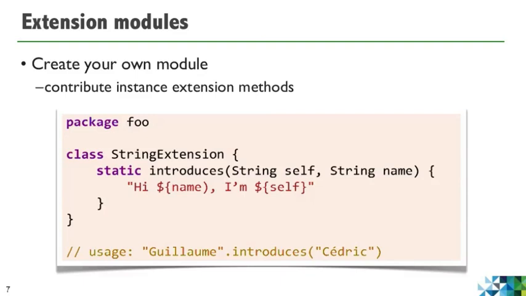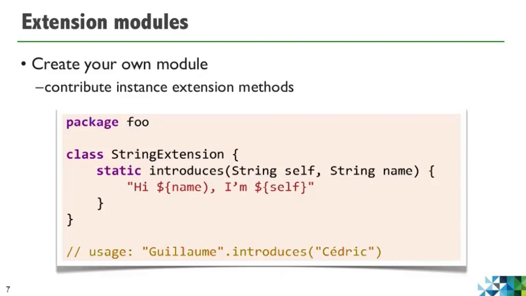We provide static methods. So all the methods you want to add are actually static methods on that StringExtension class. The first parameter corresponds to the type and instance you want to work with, and the remaining parameters are the parameters that are actually passed as parameters of the call when you are actually using this introduces method. So in the self variable, you have the Guillaume string, and in the string name parameter, you've got the string Cedric, okay?